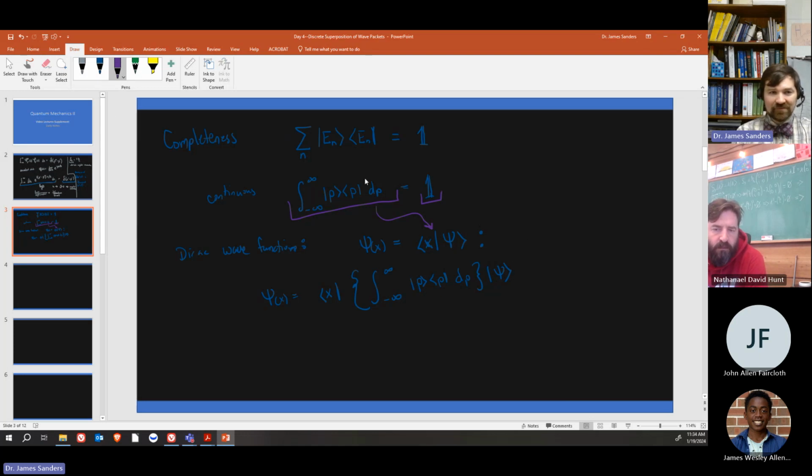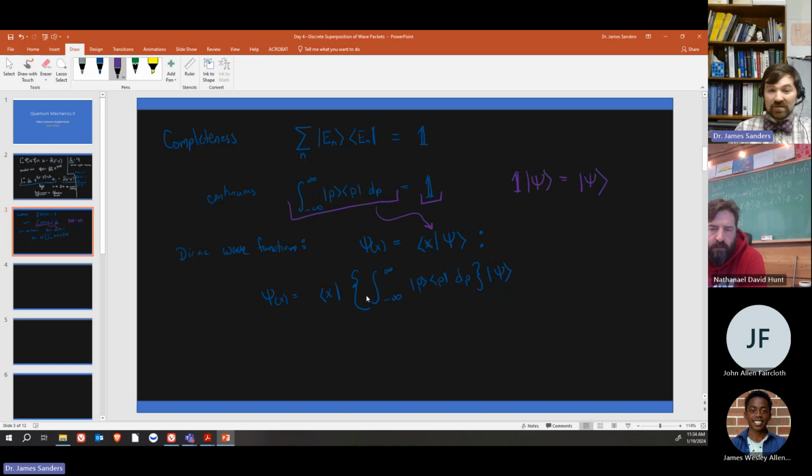If I have one, or identity or unity, operating on psi like this, then I should just get psi back. So if this right here is true, then this right here must also be true.